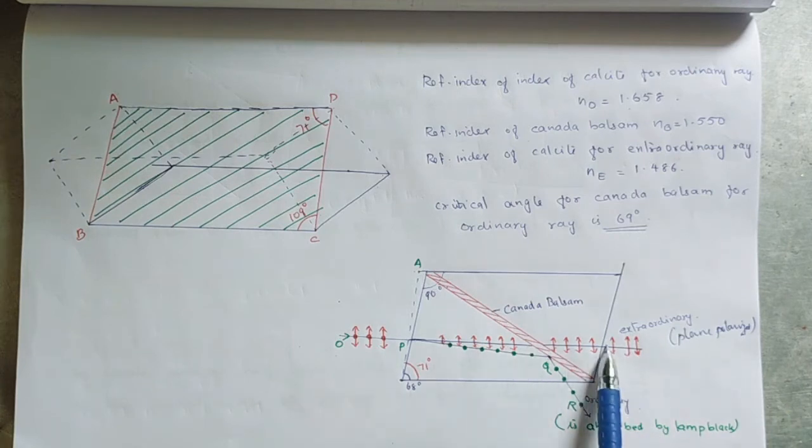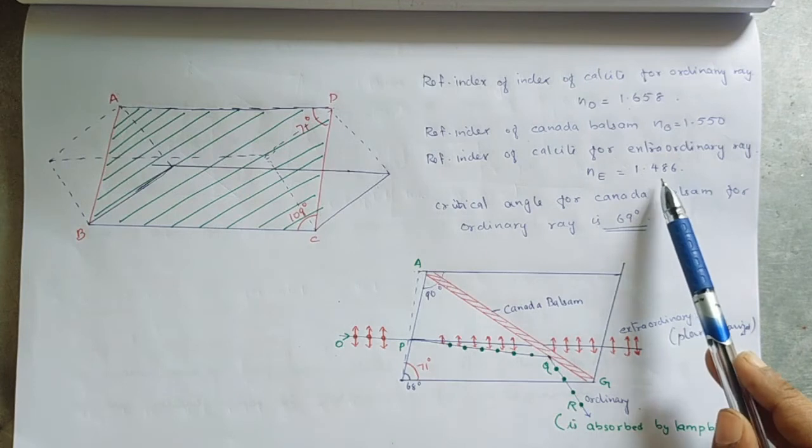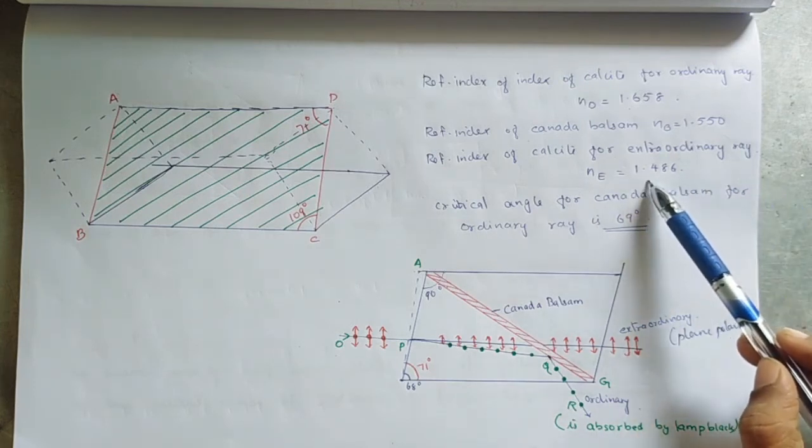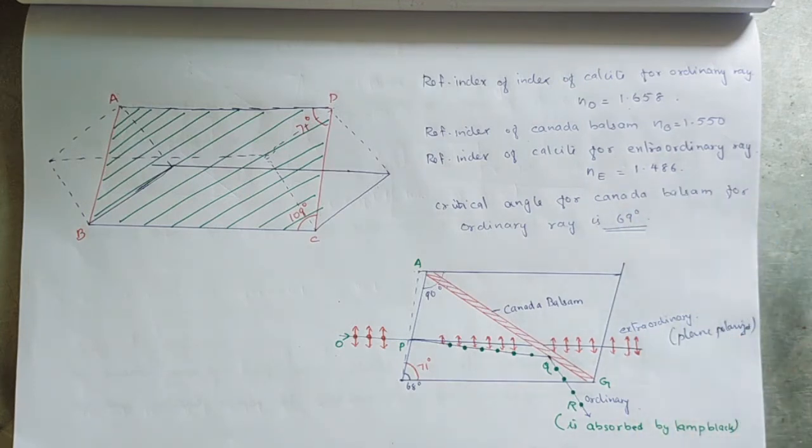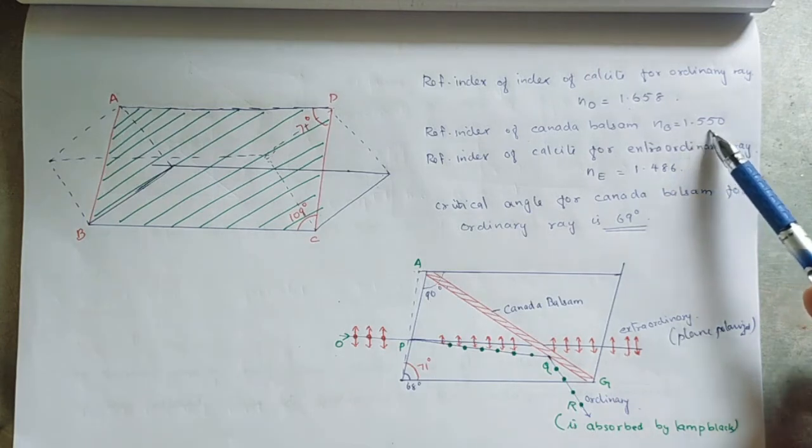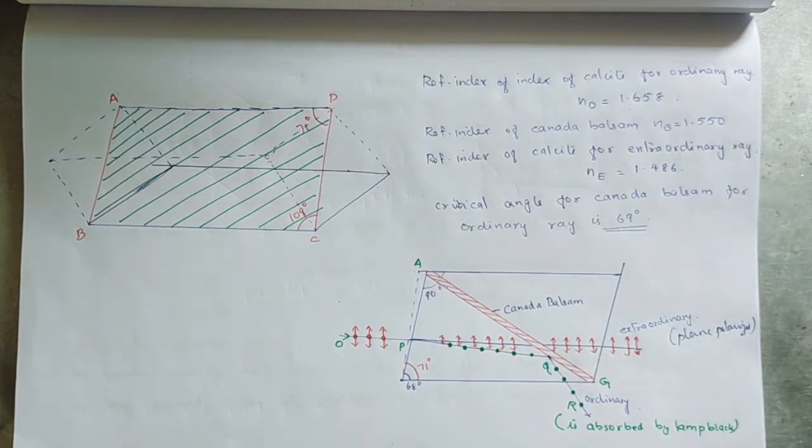And then what about the extraordinary ray? Just note, here the refractive index is 1.486 and here it is 1.550. So the extraordinary ray is not affected, as it travels from the rarer medium to the denser medium.